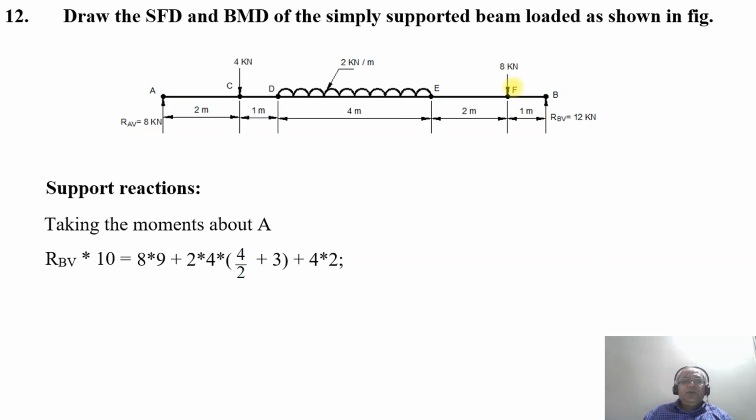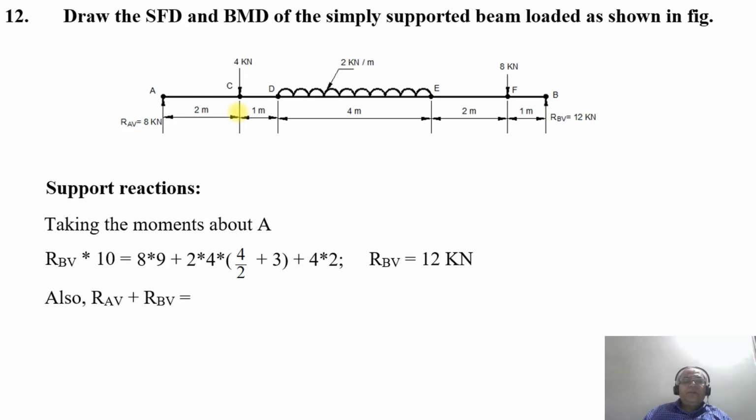On simplification, you will get RBV equal to 12 kilonewton.